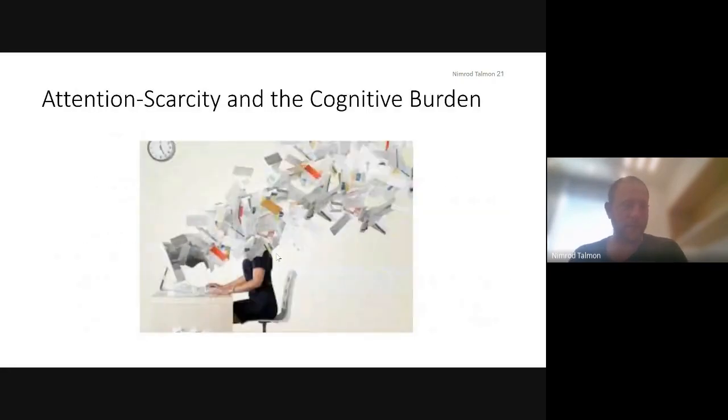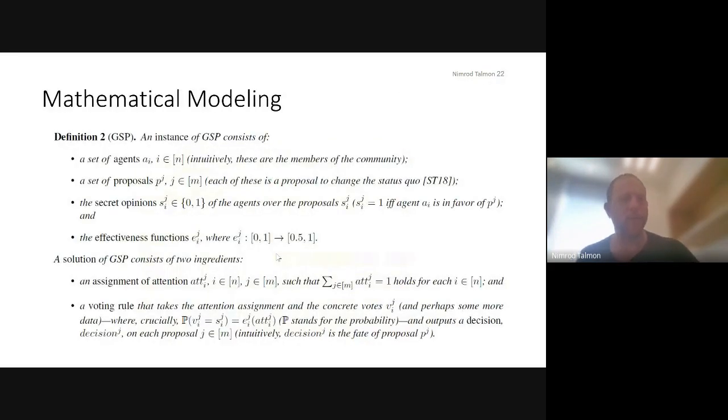So what is still missing is a mathematical model that tries to capture this aspect of attention scarcity. What you see here, you don't have to read the mathematics, is one attempt to do this. Intuitively, there is a setting with voters or agents, and many proposals that come in time or in a static way, it doesn't really matter.